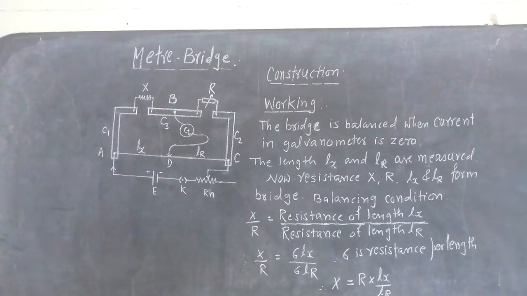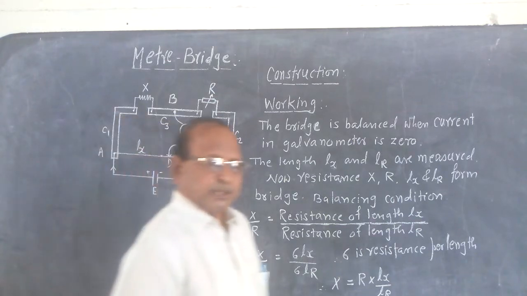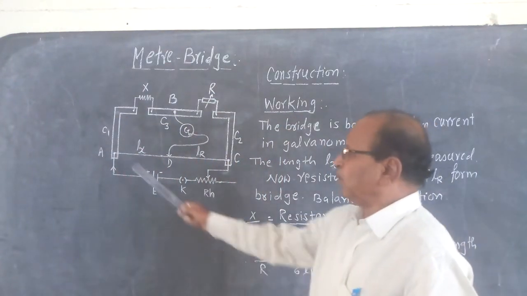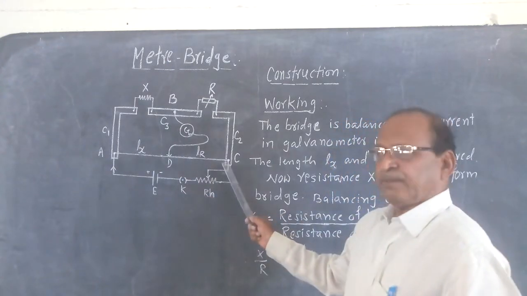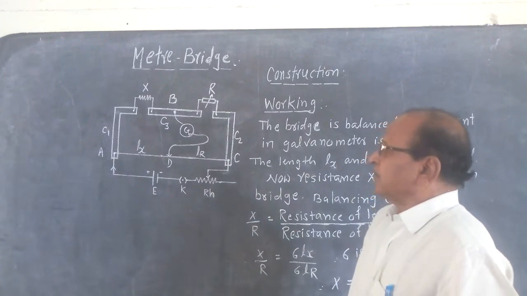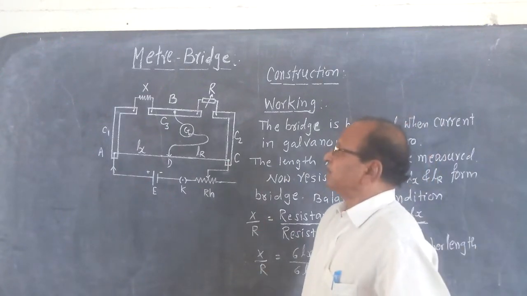A and C are two points between which a uniform wire about 1 meter in length is fixed. Now this is the construction of this meter bridge.